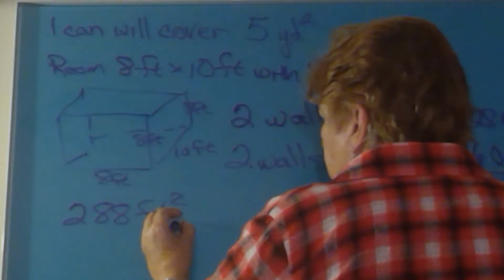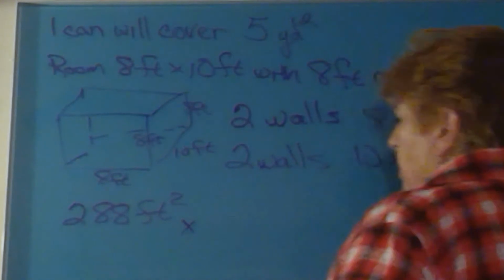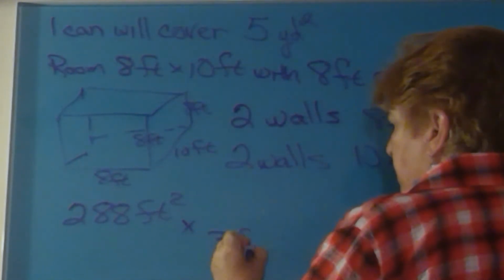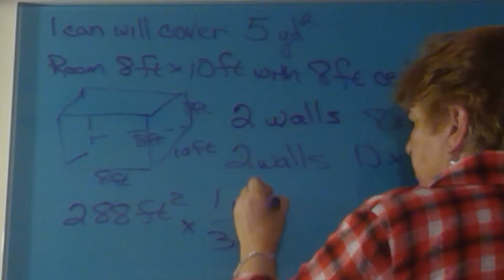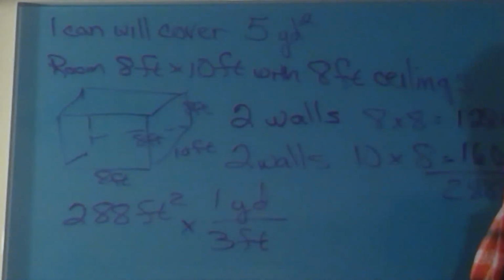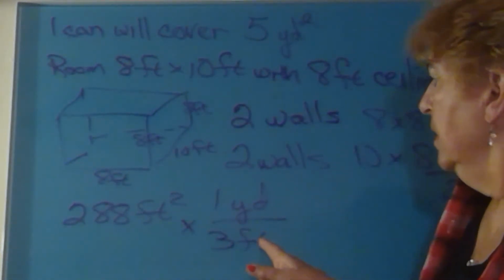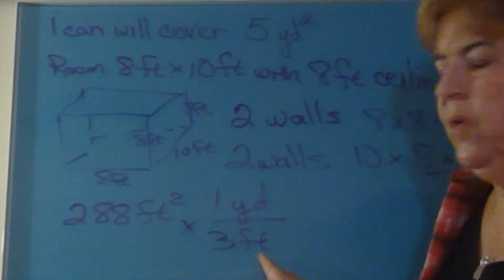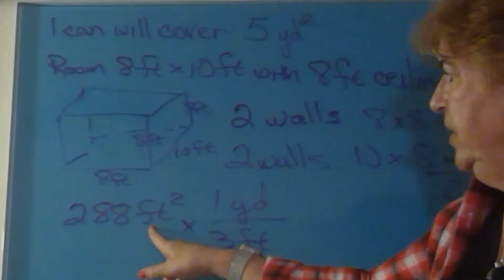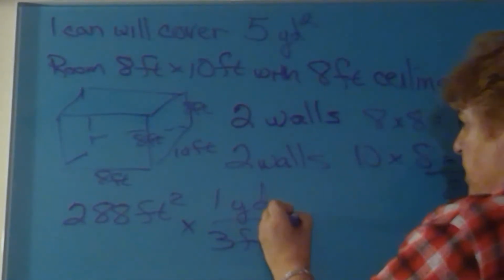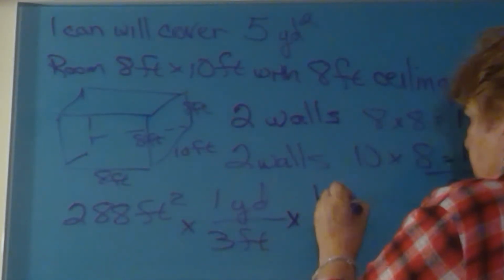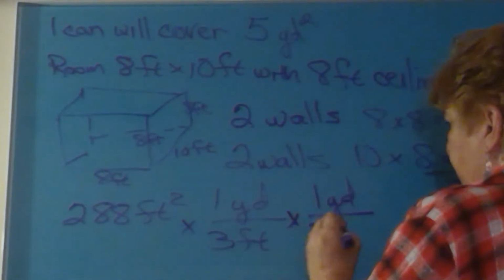I know that there's 3 feet in 1 yard. When I do it like this, though, I can only divide out 1 of the feet, and there's 2 here. So I need to multiply by 1 yard over 3 feet again.